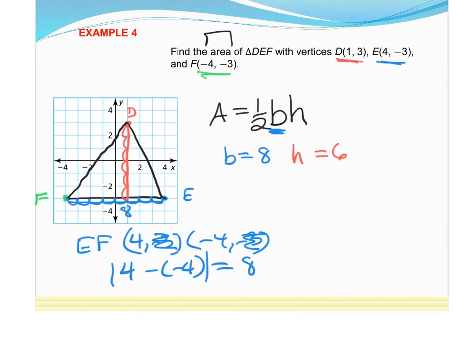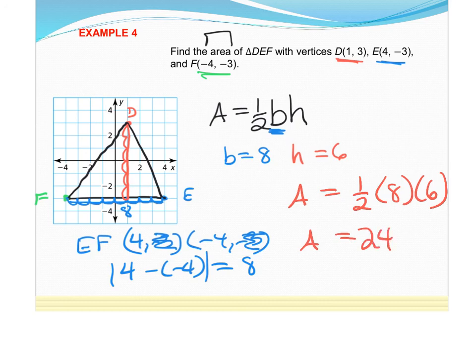So now I plug the B and the H into the formula. So area equals 1/2, 8 times 6. Area equals 24, and I don't have any inches or feet, so I'm going to say these are units squared, or I could write out the word squared units, or square units, no D, square units.